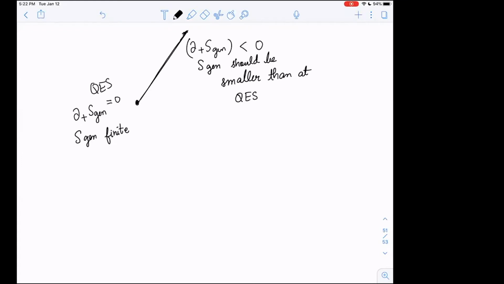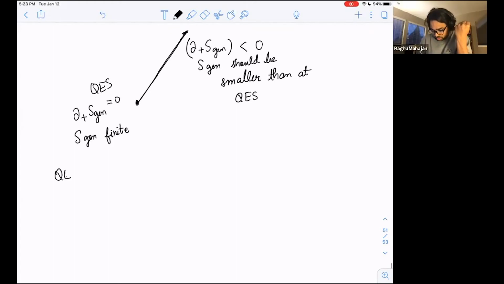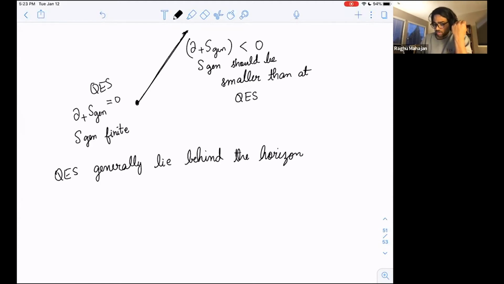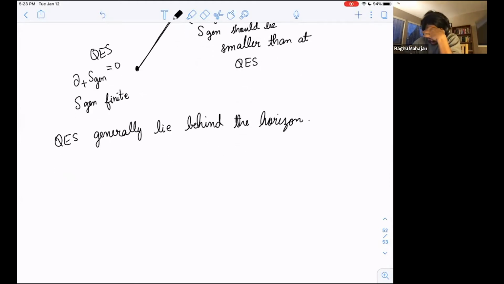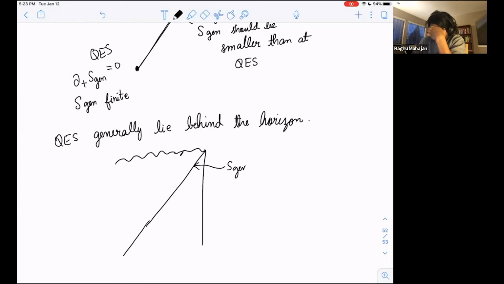So that's why the QESs generally lie behind the horizon. Let me draw another thing here. We have the horizon, some singularity, and some AdS future. Here, S_gen prime is 0, so we expect that in the past, S_gen prime is positive.